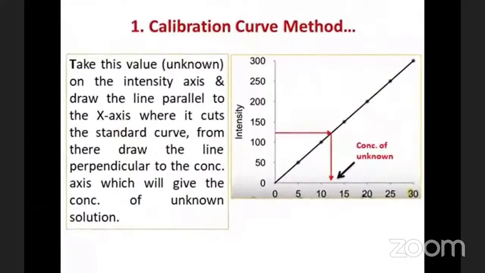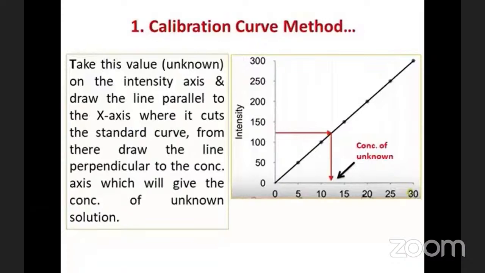From this straight line graph passing through the origin, the concentration of the element in the unknown solution can be easily determined. For this, plot the emission intensity of the unknown solution on the intensity axis and draw a line parallel to the x-axis to where it cuts the standard curve.